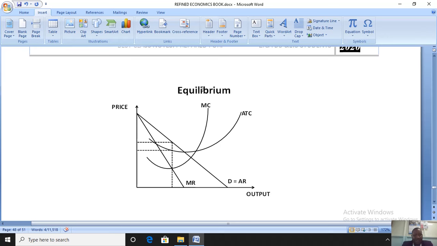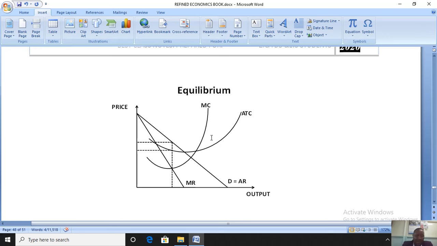So the graph for monopoly is that we have a down sloping marginal revenue line and the down sloping demand curve there. Again, we have to look at the profit maximization level and compare AC to AR. If AR is greater than AC, then we conclude that the firm is making supernormal profits. So where is the profit maximization point?